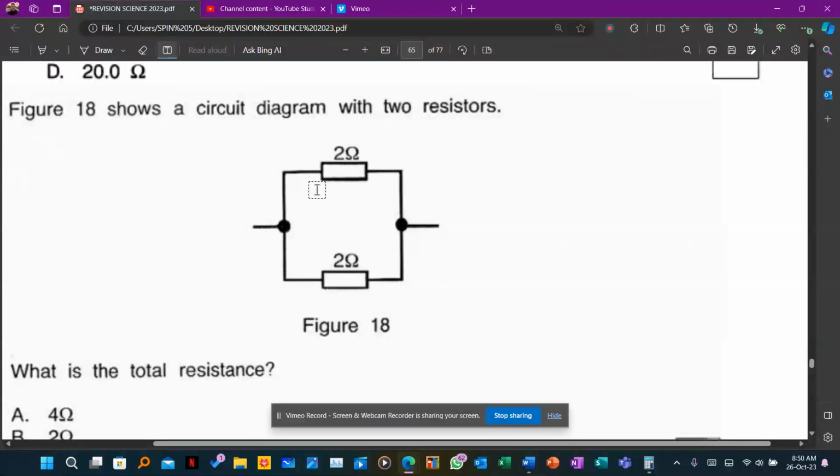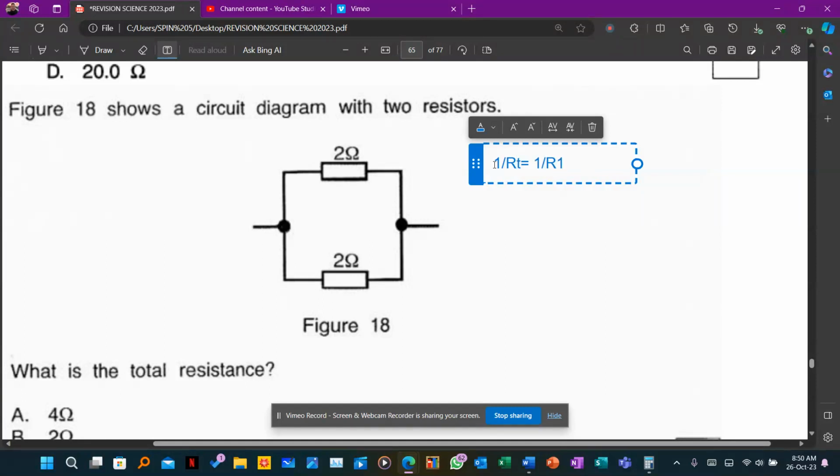The question becomes difficult when it is like this, because the formula is 1 over R total equals 1 over R1 plus 1 over R2. Don't stress yourself if this question comes out. If you know how to use the formula, carry on. If you do not know, just leave it.